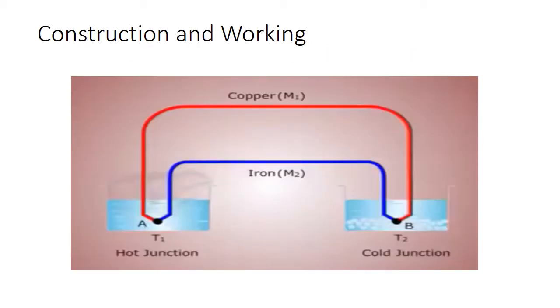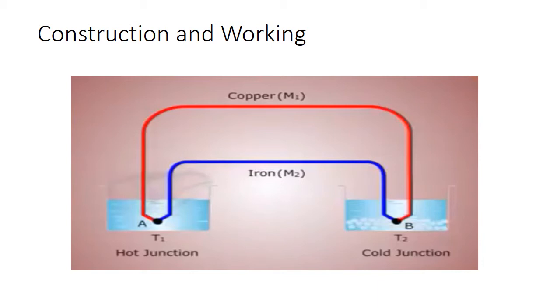So now let's see about the construction and working of a thermocouple. As I said earlier, the thermocouple consists of two different metals. So we have copper and iron here, and these are joined at two different ends, which we will call a junction.